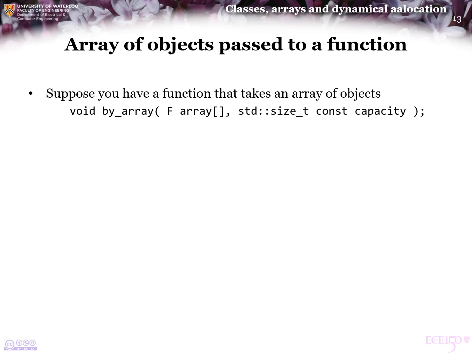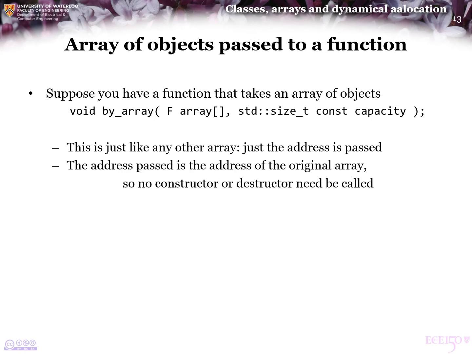Now, suppose you have a function that takes an array of objects. What's going to happen here? Well, you'll remember from before, the array is passed just like any other array we've previously seen. It's only the address of the array that is passed to the function.